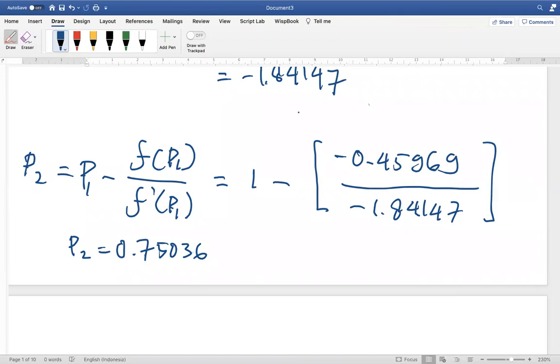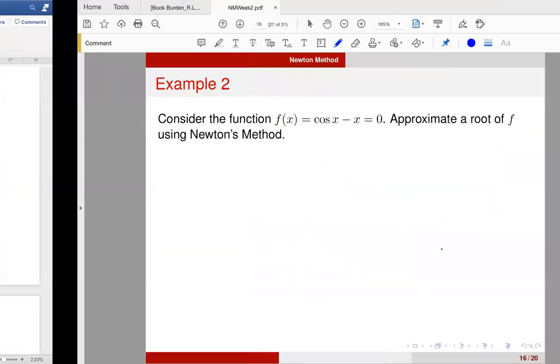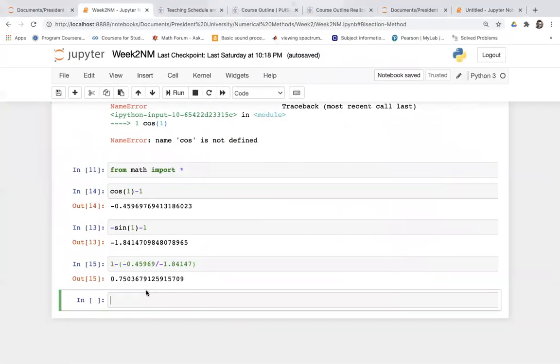And then again, check f(p2) before continuing to the next iteration. f(0.75036) is cos 0.75036 minus 0.75036.